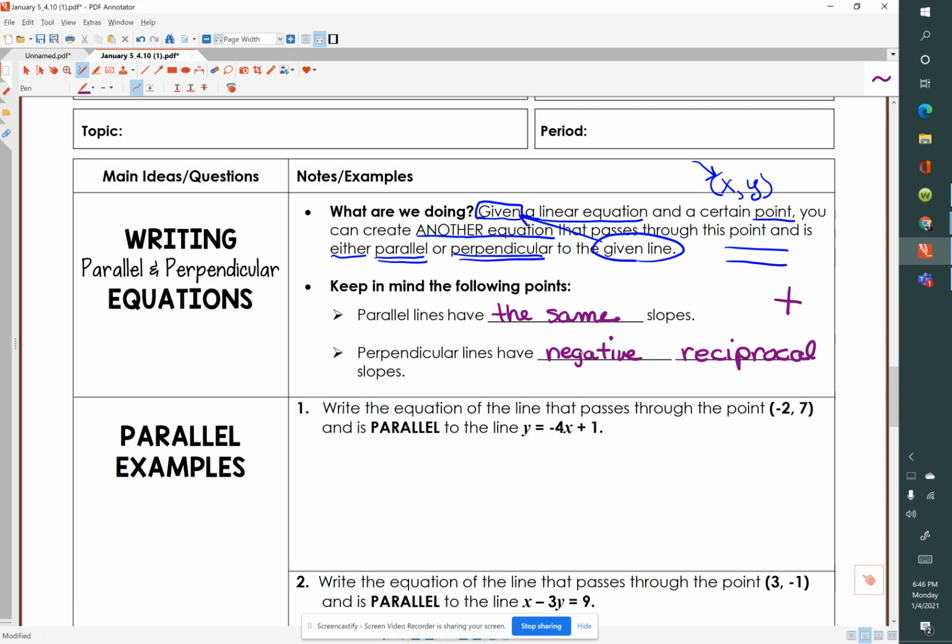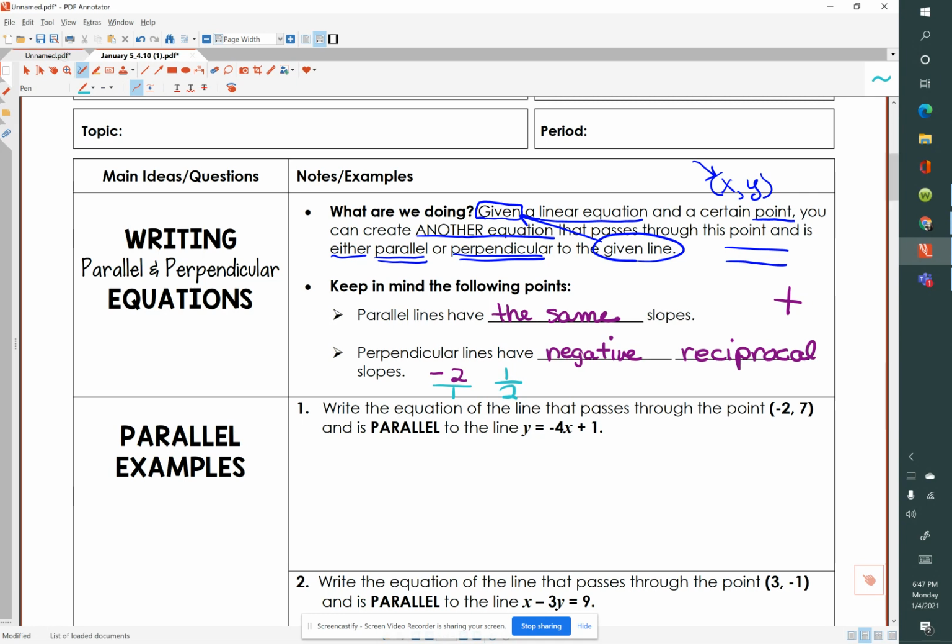And let's talk about methodology. But remember, negative reciprocal, if a fraction or if anything is already negative, let's say you have a negative 2. Well, what's the negative reciprocal of negative 2? Well, we can think of negative 2 as negative 2 over 1, and we would flip that to give us 1/2. And instead of a negative, we would have a positive. So the negative reciprocal of negative 2 is 1/2.